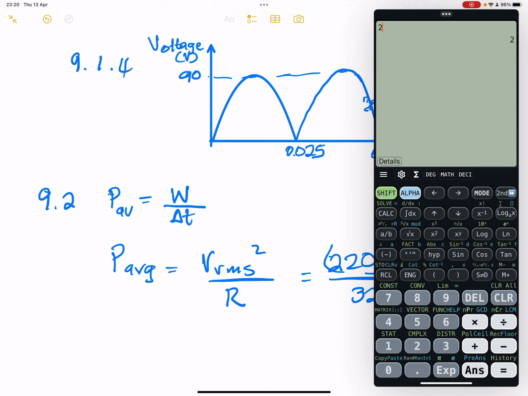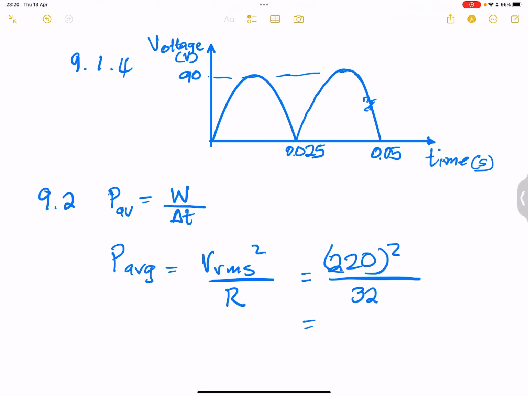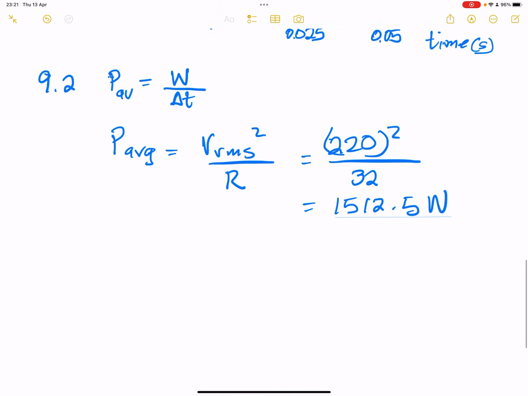That's 220 squared divided by 32, and that would give us 1512.5 watts, right? But now remember, what were we looking for? We're looking for the energy, isn't it?